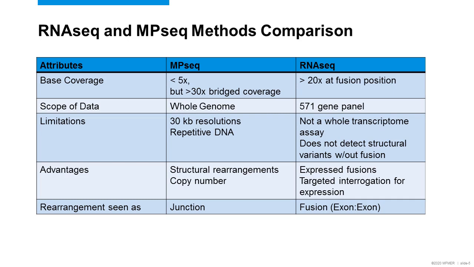However, if you know of a structural variant on the DNA side, you can run a targeted interrogation for expression in that loci. In mate-pair sequencing, rearrangements are described as junctions, and in RNA-seq, they are described as fusions from exon to exon.